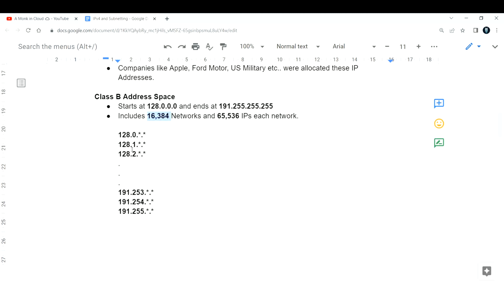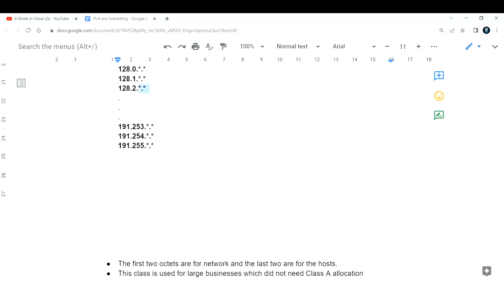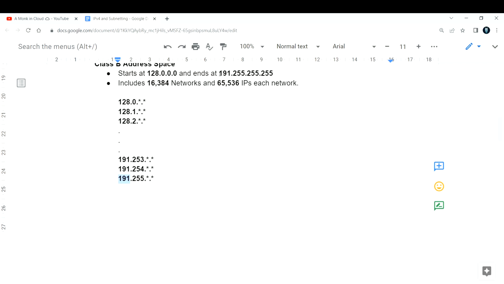So it starts with 128.0 dot anything. The next will be 128.1 dot anything, 128.2 dot anything, and it can go all the way till 191.255, but the last address will be 191.255.255.255.